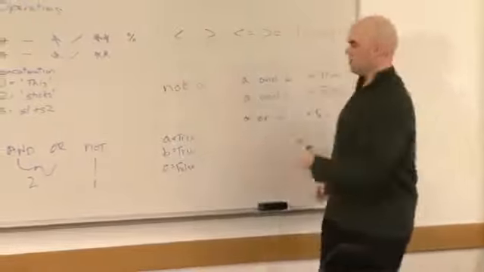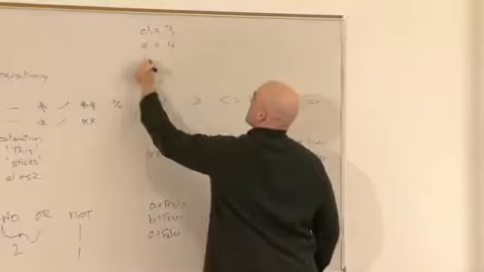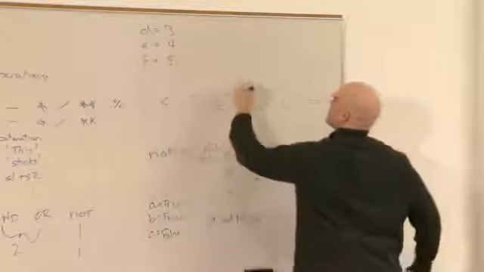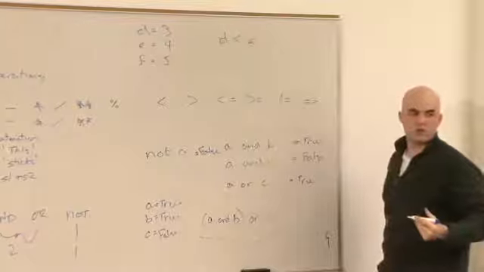And then the way that they relate to these logical operators is, remember, these take numbers on either side and they produce Boolean values. So I can say D is less than E. This is going to give me a Boolean value, right?